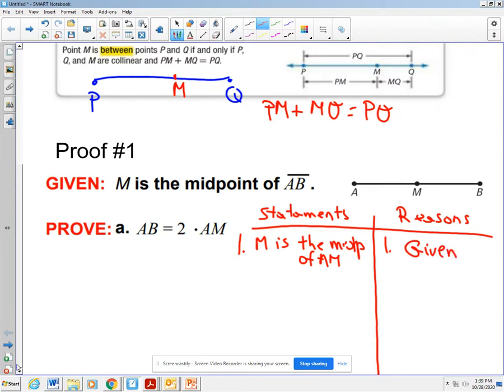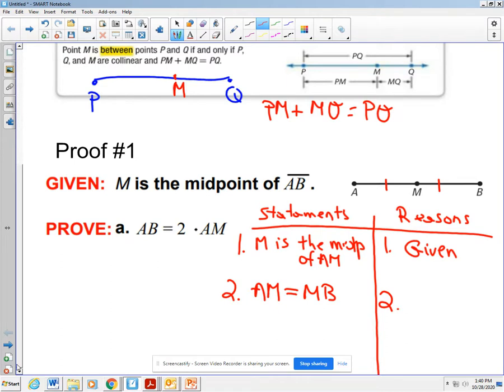Now, if N is the midpoint, automatically mark this picture. So what do you think is the next step? If I tell you that N is the midpoint, what do you think is step number 2? Step number 2 is AN is equal, or you can say congruent, to segment NB. Okay, and what is the reason for this?